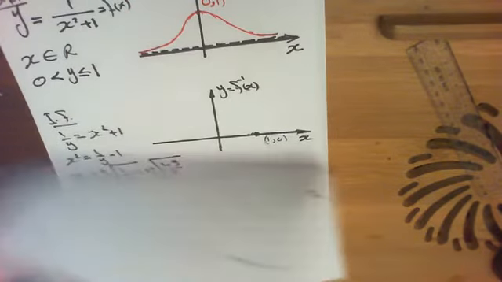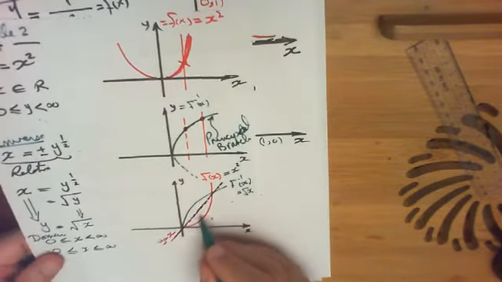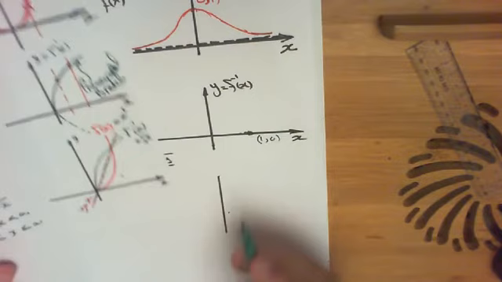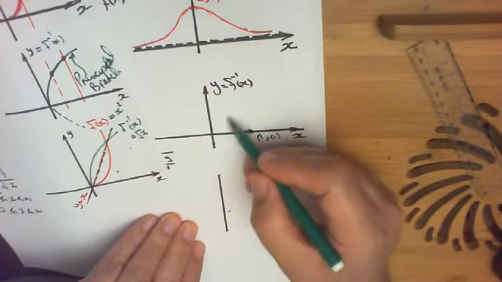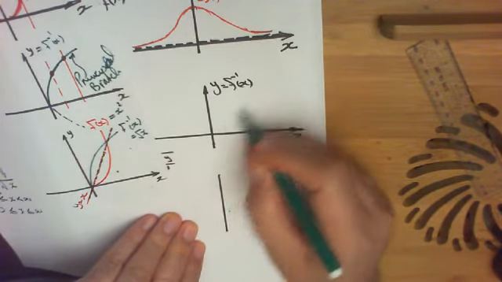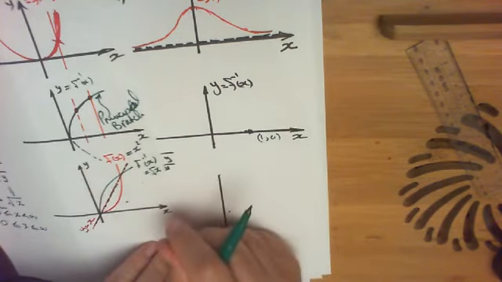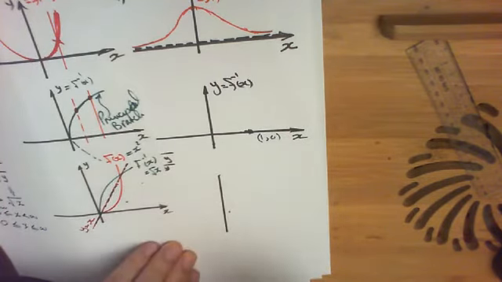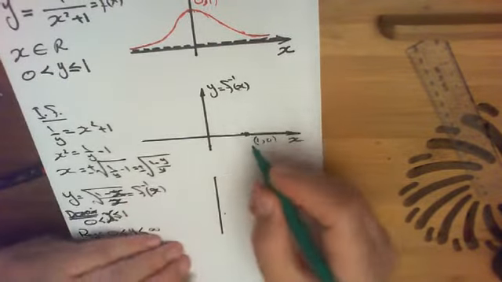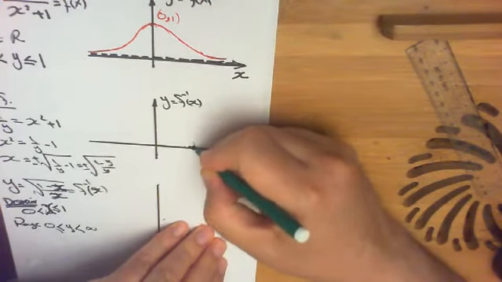As I told you, the function and its inverse are images of each other around y equals x. So any point has its image around y equals x by reversing the positions of x and y. If x equals 2 and y equals 3, it will be reflected to x equals 3 and y equals 2. Okay? So the graph will be something like this.